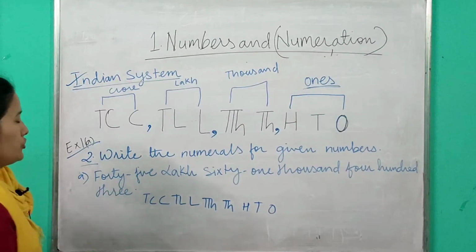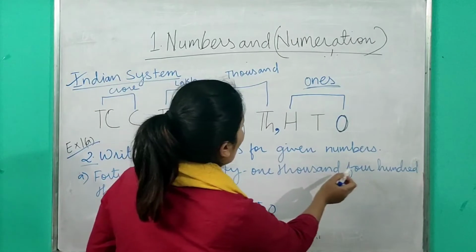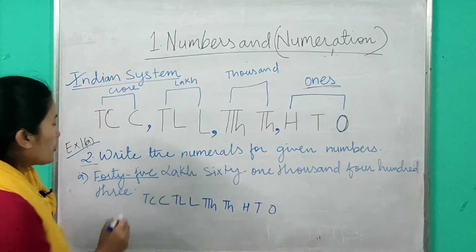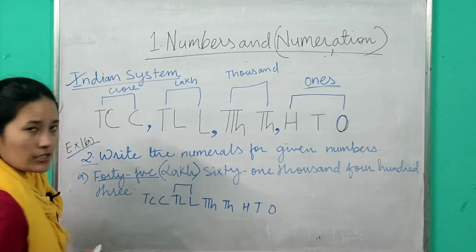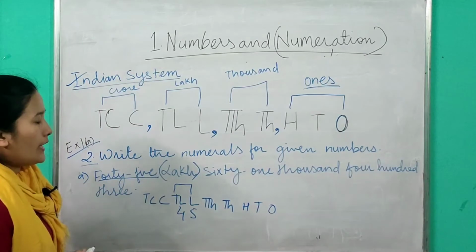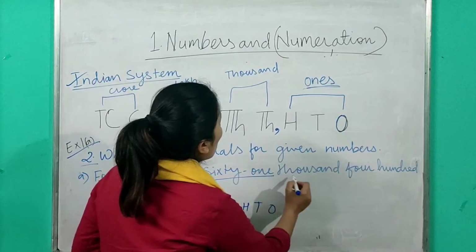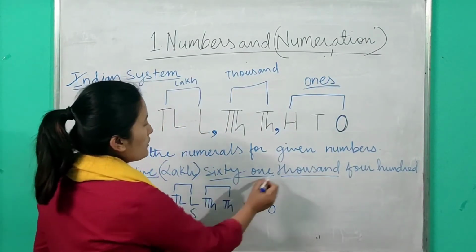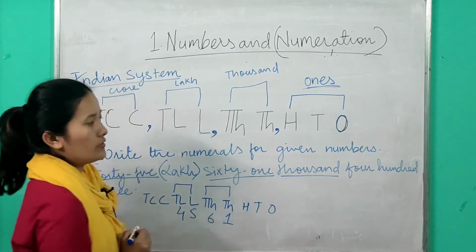Now look at the question: 45,61,403. So 45 will be within the lakhs period. Next you have the thousands period, right? So you have 61,000. Under the thousands period you have 10,000 and 1,000, so you will write here 61.